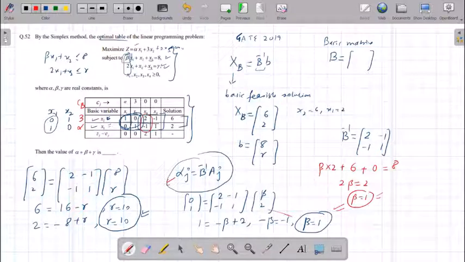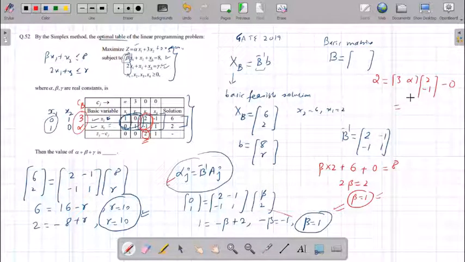How these Zj minus Cj's are calculated, you know: Cb vector into this vector, the dot product, you have to take, minus the original cost, is Zj minus Cj. So this value Zj minus Cj is equal to Cb vector into the column vector minus the cost. x3's original cost is 0.